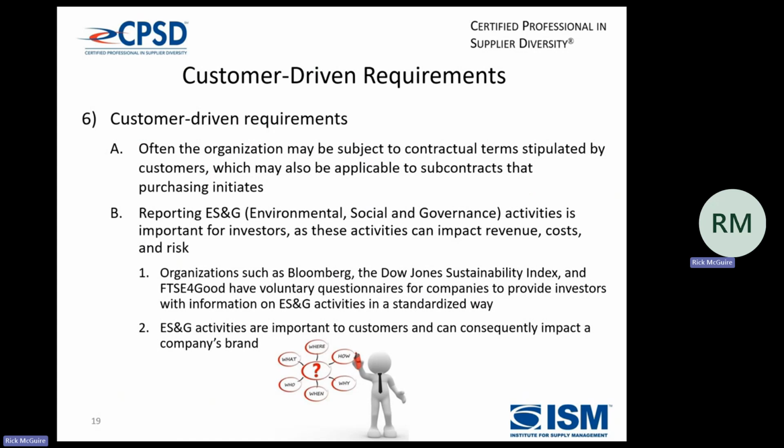Organizations such as Bloomberg, the Dow Jones Sustainability Index, and FTSE4Good have voluntary questionnaires for companies to provide investors with information on ES&G activities in a standardized way. And ES&G activities are important to customers and can consequently impact a company's brand, especially if you're a consumer company or consumer services.